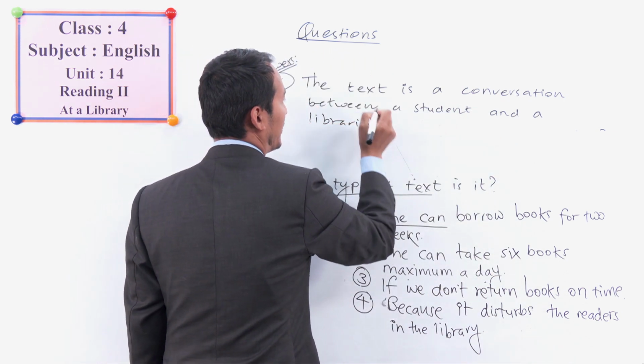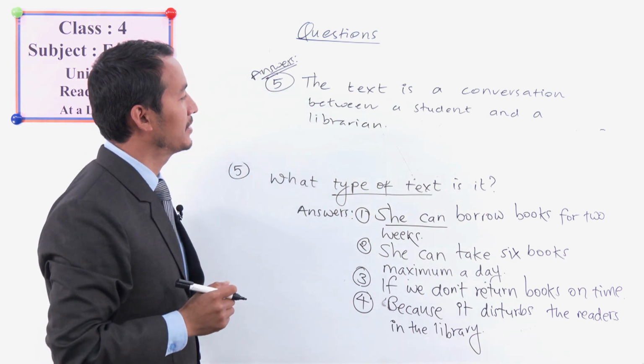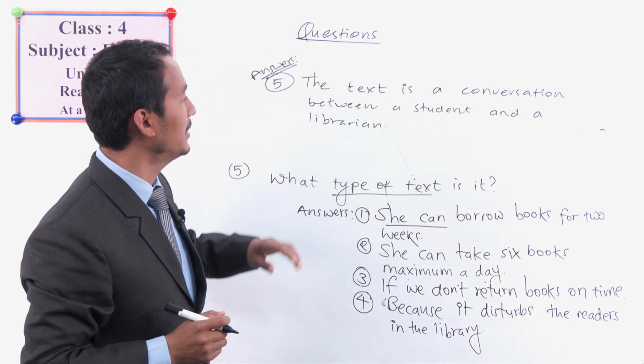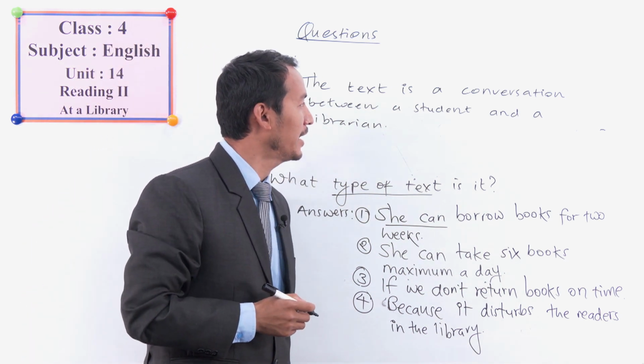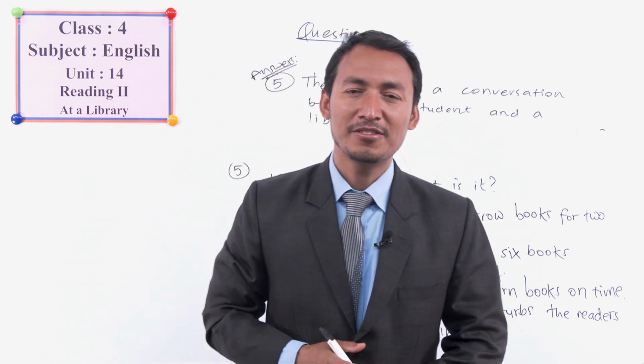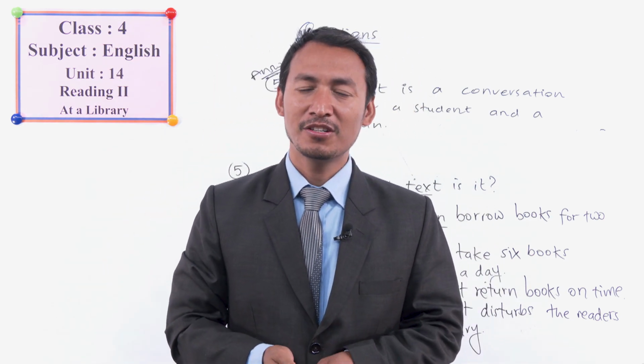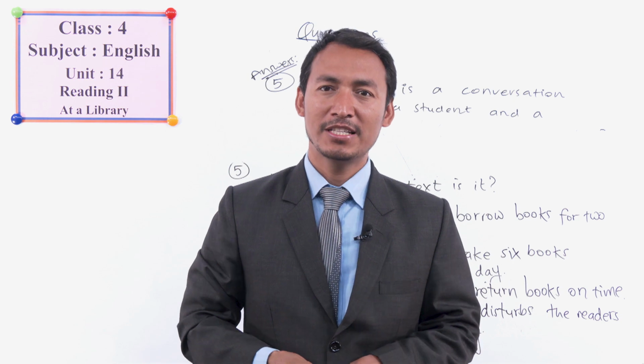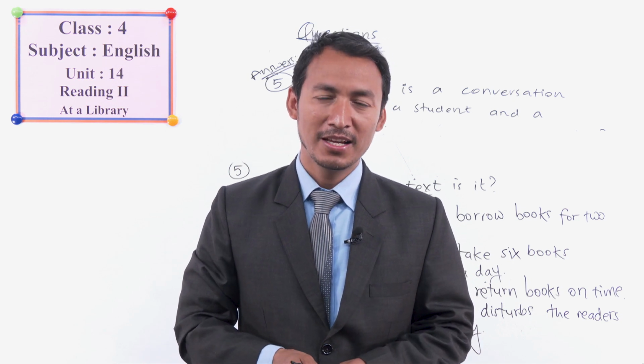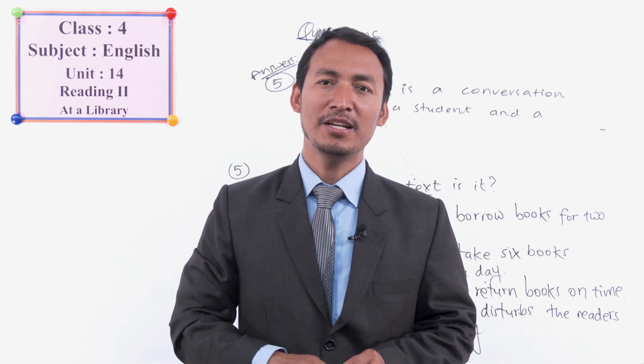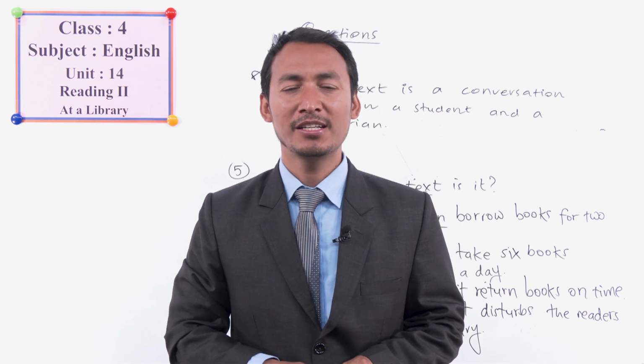Okay, you can say the text is a conversation between a student and a librarian. Okay, students, so we have answered all the questions that we have listed here on the board, and we talked about different information that is in the conversation here.